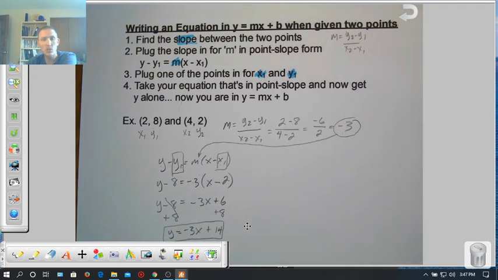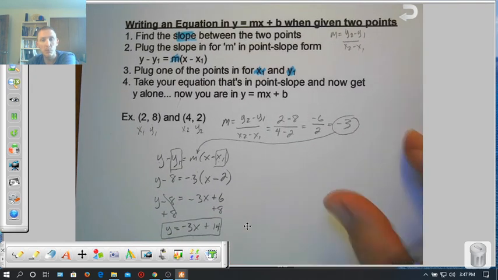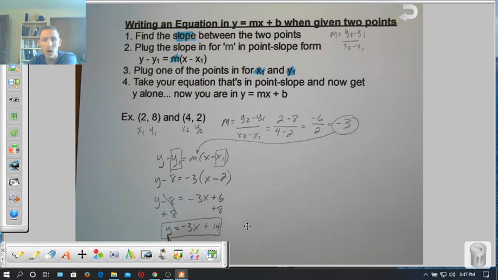And this equation is in mx plus b form. y equals mx plus b. The m would be negative 3, and the b would be 14. Now we have it in mx plus b. We could, if we wanted to, use the shortcut for graphing.